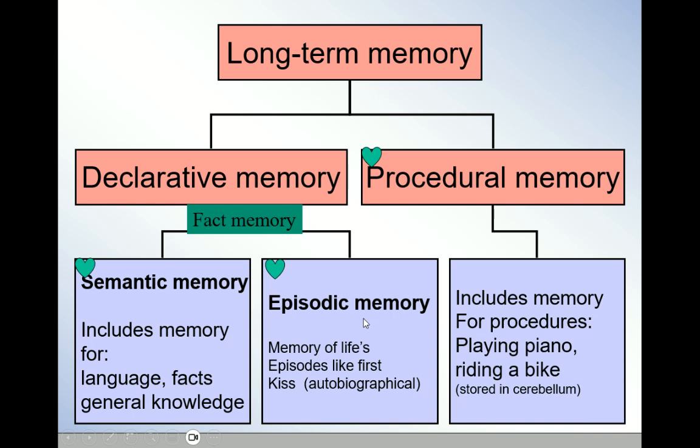Episodic memory. That time you fell off your bicycle, that's an episodic memory. That time you crapped your pants in the middle of class, that's episodic memory. Autobiographical memory. And finally, procedural memory. Memory for procedures like walking, riding a bike, stuff that's stored in the cerebellum, that's procedural memory. Okay, write that down, we're moving on.